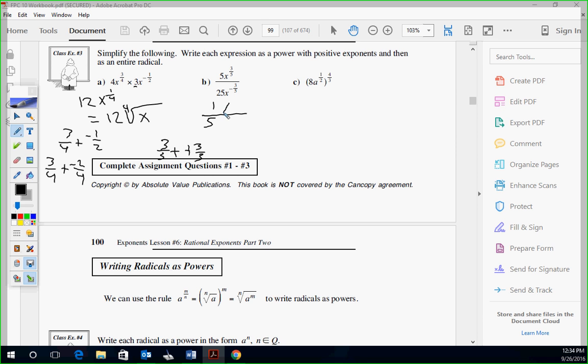So we get x to the 6/5. 6 over 5, sorry. That's an exponent. Let me rewrite that. Okay, x to the 6/5. And so now we are going to write that as a radical. We don't really need the 1, so I'm not going to write the 1 for the second one here. It's going to be 5th root of x to the 6th over 5. That's how you can write it as an entire radical.